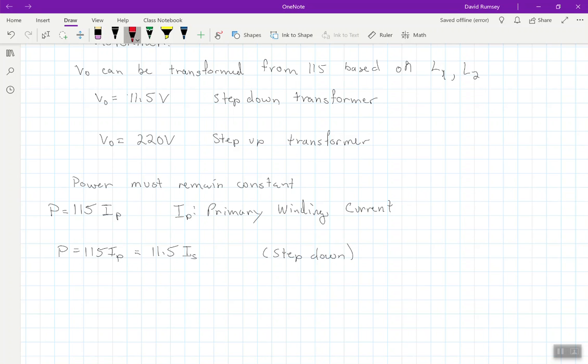But what does this mean? Current goes up. So if you're stepping the voltage down, the current is actually increasing, because the power has to remain constant. Now, we're just, again, ignoring any kind of losses at this point, because for back of the envelope computations, it's fine to ignore those losses.